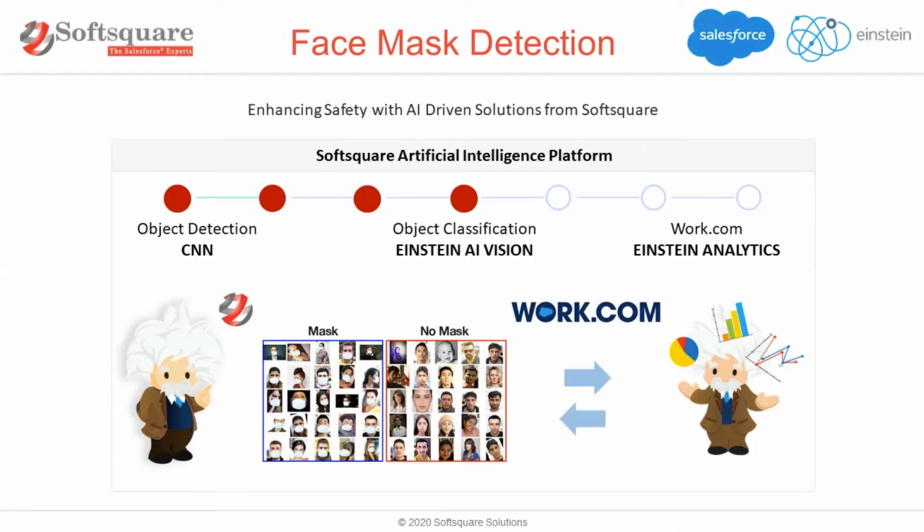This information is then sent to work.com, and from there, it gets fed into Einstein Analytics for quantitative and qualitative analysis for visualization, planning, monitoring, and alerting. Also, in the upcoming webinars, we will be presenting social distancing, group and social gathering detection using Einstein Vision. Now to our lead Einstein AI Solutions Architect, Raj Kumar.